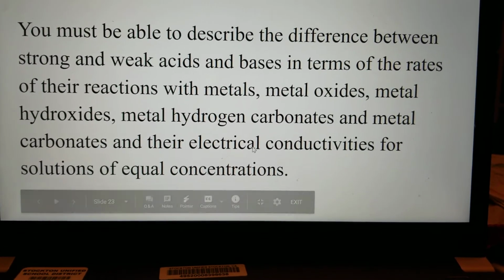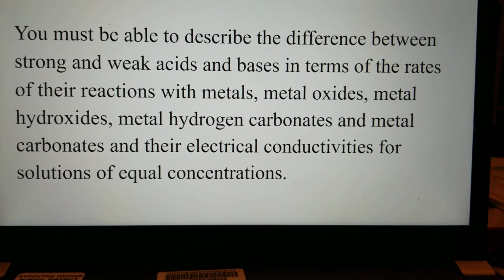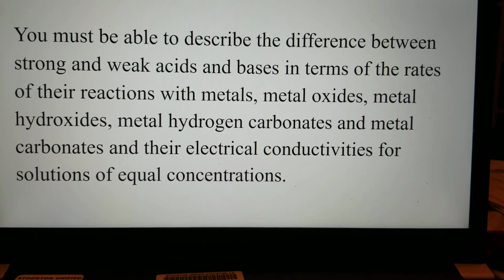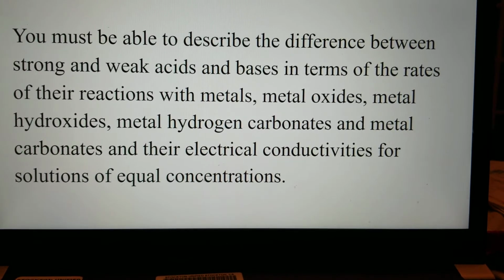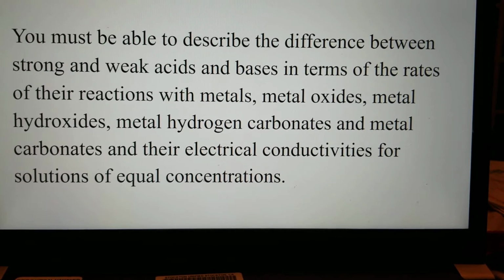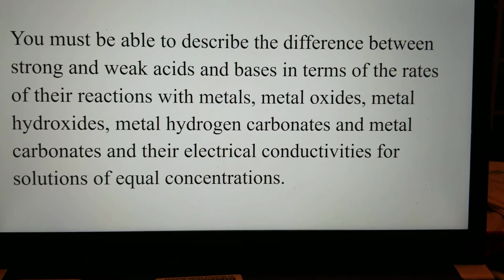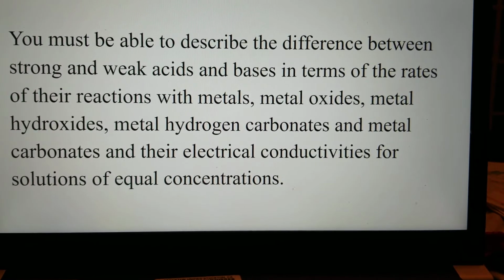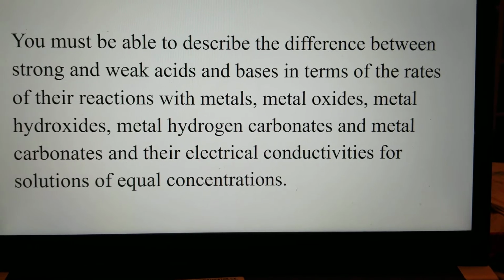You're going to have to be able to describe the difference between strong and weak acids and bases in terms of the rate of their reactions with metals, metal oxides, metal hydroxides, metal hydrogen carbonates, and metal carbonates, and their electrical conductivities for solutions of equal concentration. So remember those 5 equations we wrote down for those reactions.